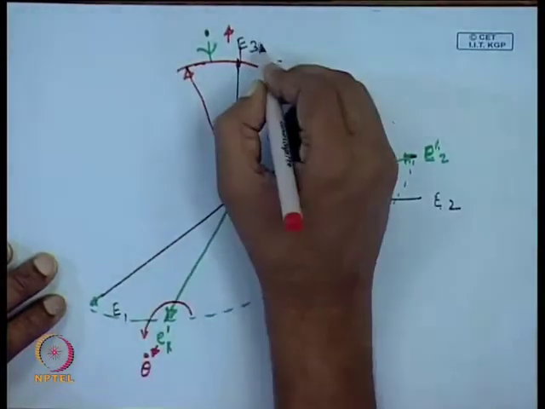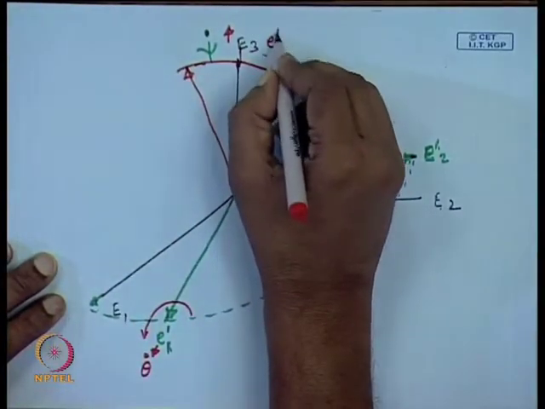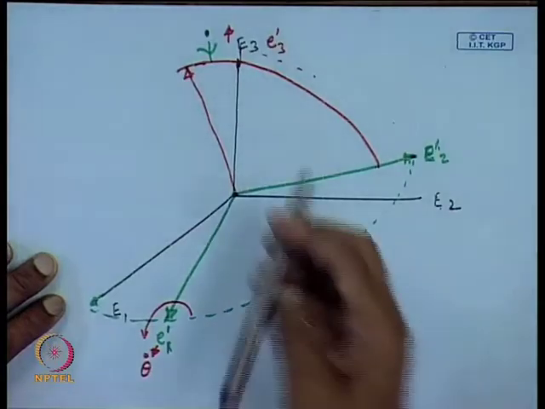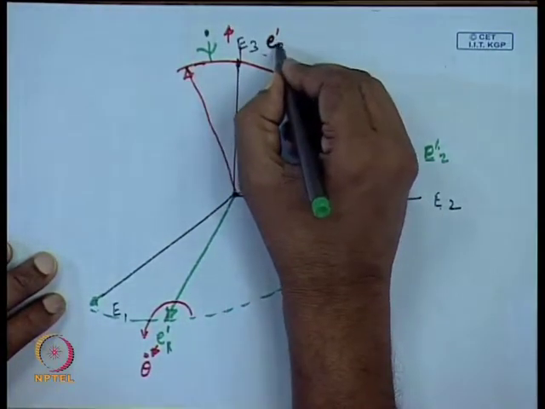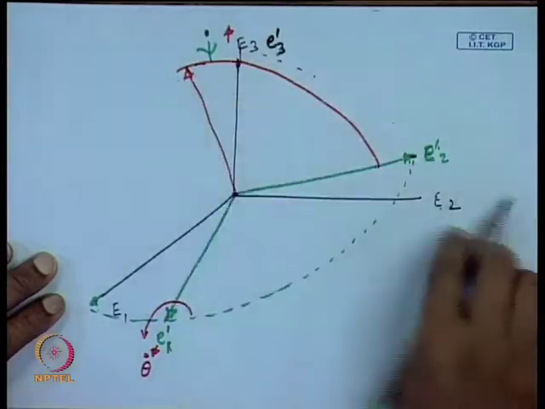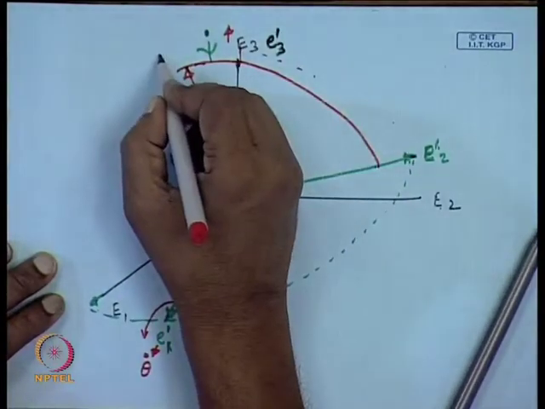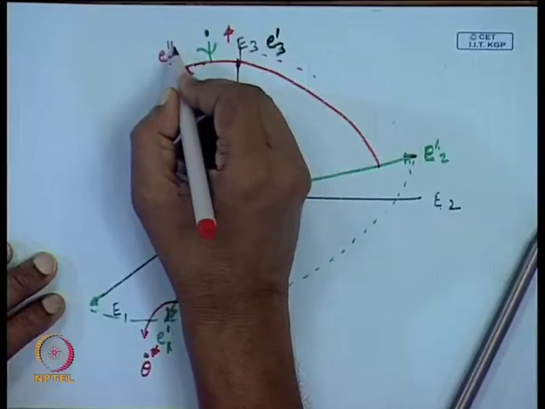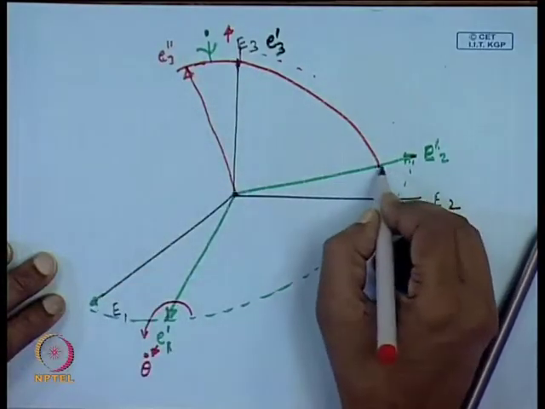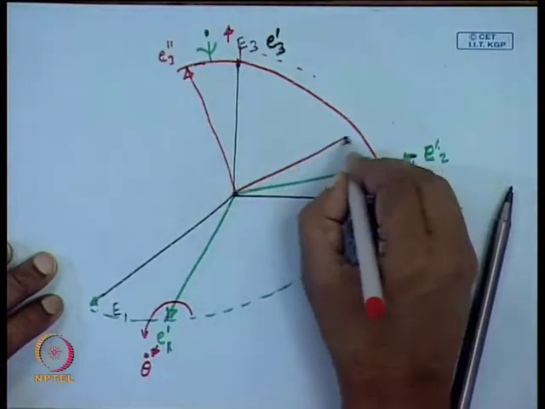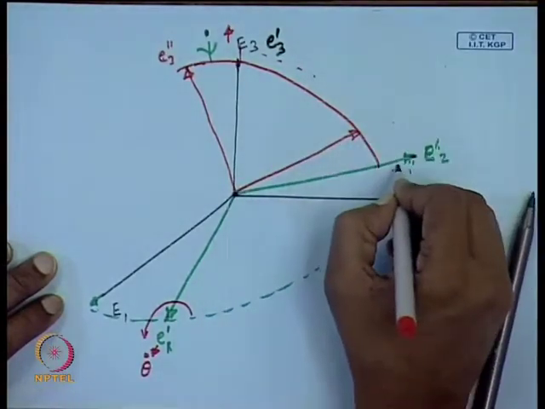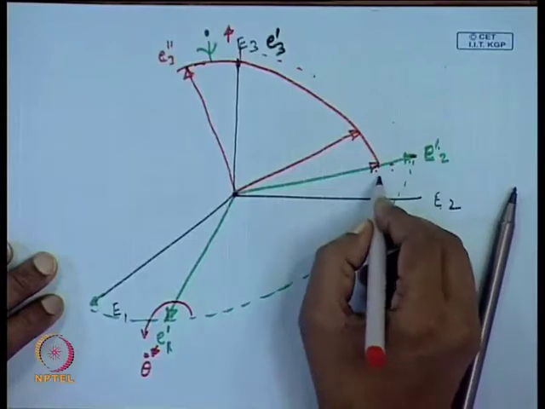Okay. So, here you have E3, E3 prime, and in this place you have E3 double prime, and this vector will also move from this place to this place. So, let us put this vector here.